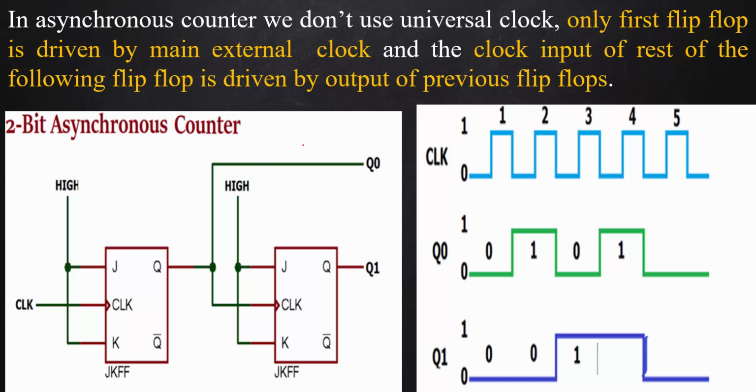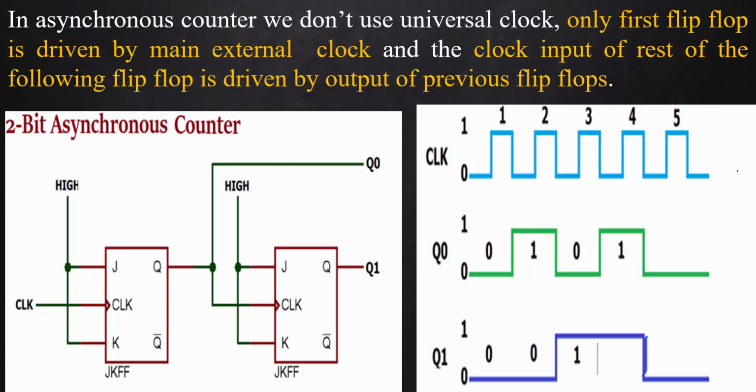But in asynchronous counters, we can predict which flip-flop is going to generate your LSB, next LSB and so on. Because the clock pulse is connected to this flip-flop, this flip-flop is going to generate the least significant bit of your result, and the next flip-flop, which is triggered by the output of the first flip-flop, is going to generate the second LSB and so on.